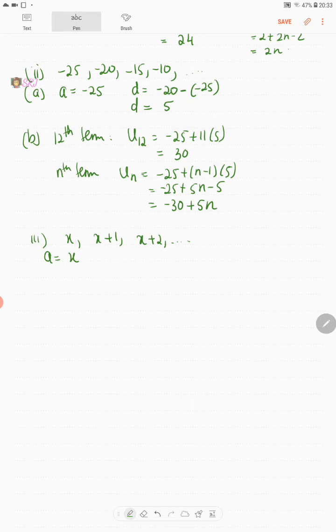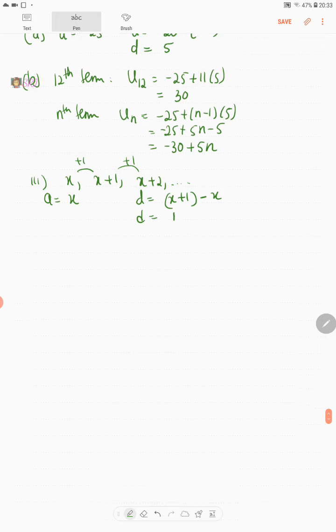So x to become x plus 1, we just have to add 1. Again, from x plus 1 to x plus 2, we add 1. So d, or we can take x plus 1 minus the first term, we obtain x minus x cancel, we obtain 1.